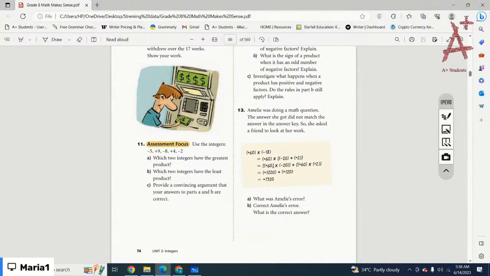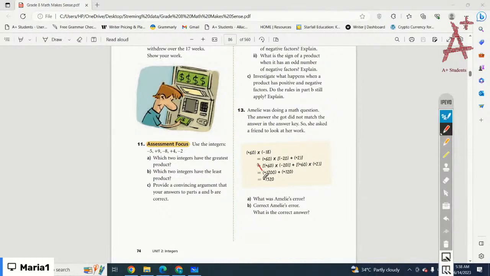So she applied the distributive property: positive 60 times negative 20 plus 2. So she had to do 60 times negative 20, and here is the mistake she made. 60 times negative 20 would be a negative number. Got it? Because you are multiplying a positive by a negative, it would be negative 1200.